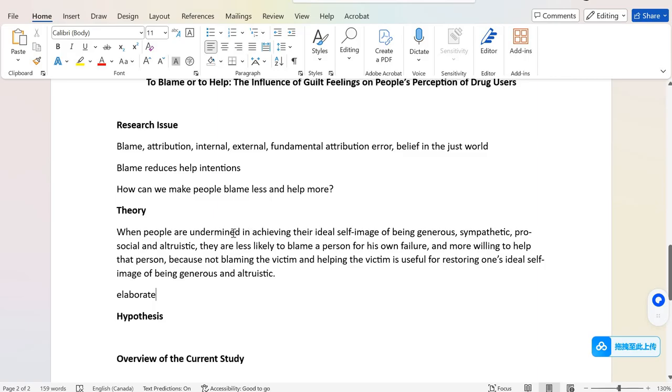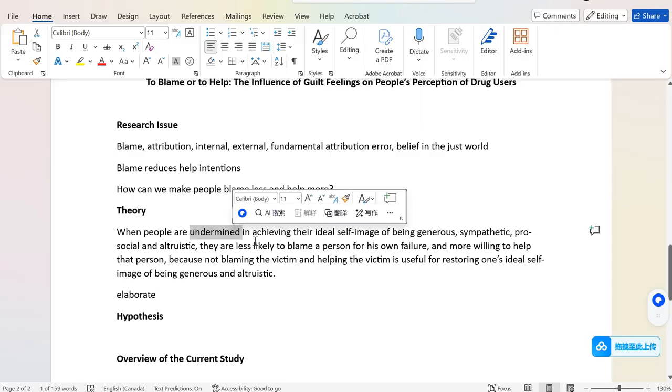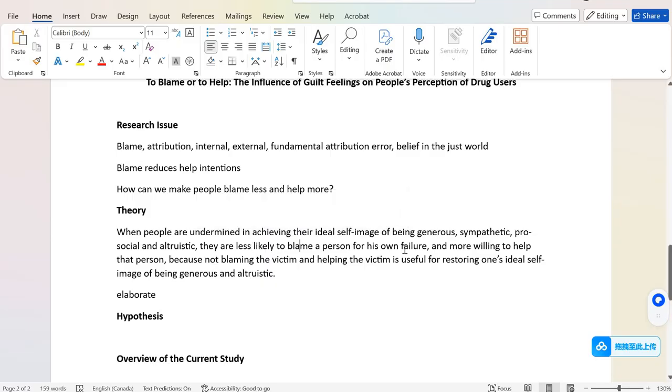The theory is that when people are undermined, when they are reminded of their failure in achieving their ideal self of being generous, sympathetic, altruistic, they're less likely to blame a person for his own failure and more willing to help him. That is the gist.